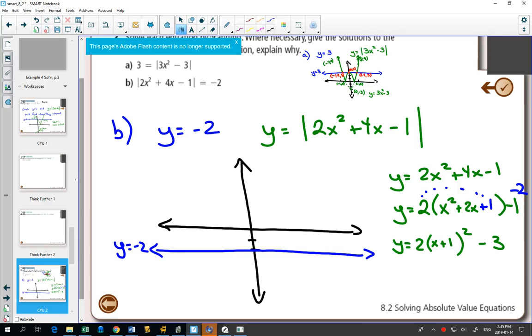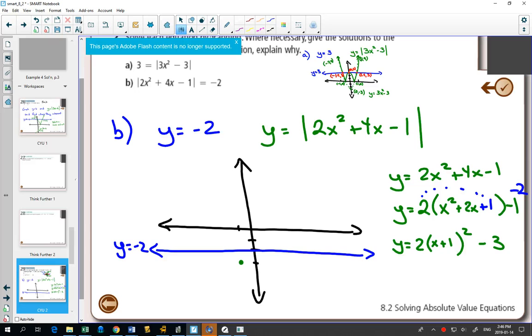And so what does our parabola look like? Because you always do the opposite: if I added 2, I need to subtract 2. All right, so now that we have the vertex form, we know that our vertex is at negative 1, negative 3. It opens up.